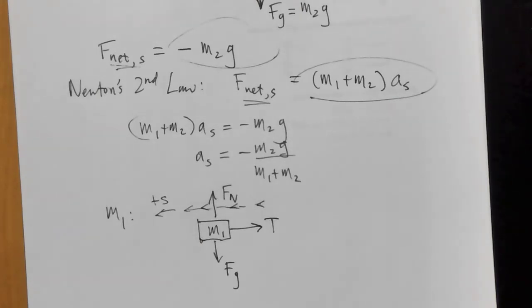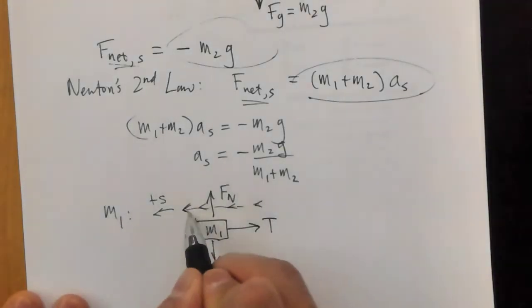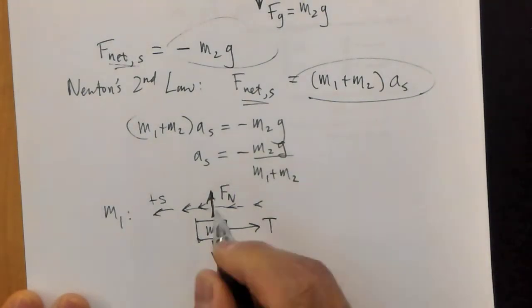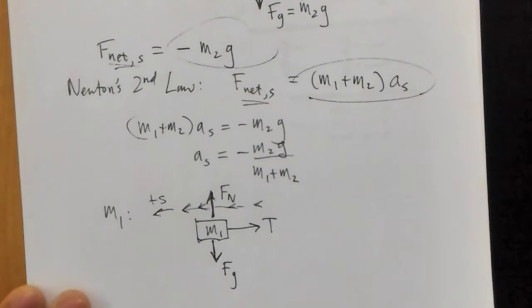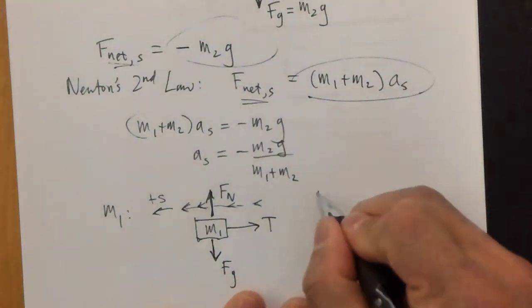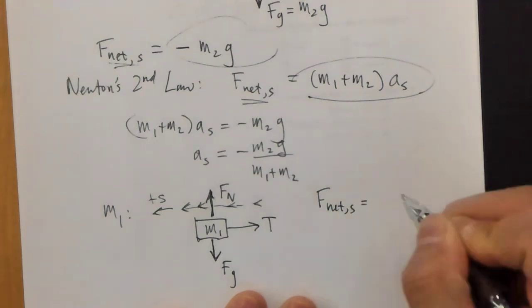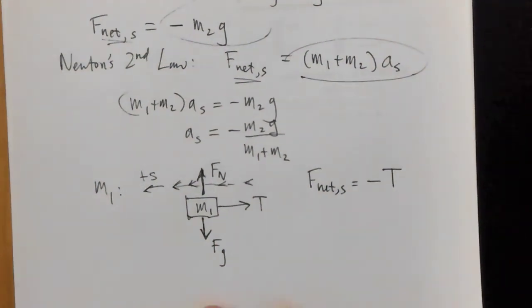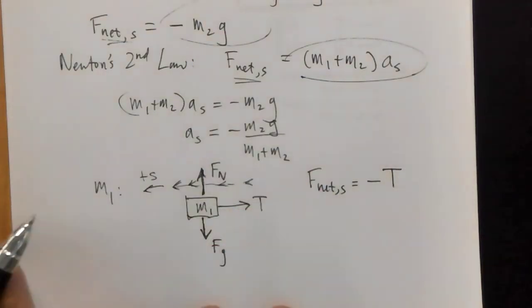Is everybody with me so far? So this is my positive s direction going to the left. The normal force is perpendicular to it. It has no component. Force of gravity is perpendicular to it. It makes no component. And so we simply have that the net force in the s direction is going to be minus T because it's in the negative s direction. Okay, it's going to the right rather than to the left.